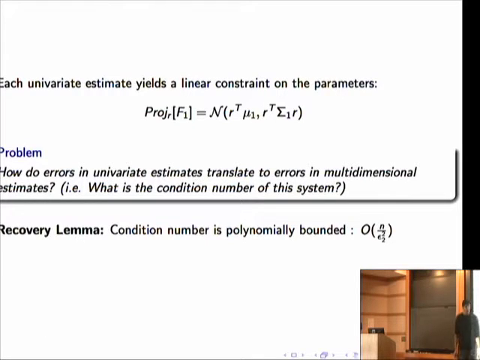It's at most, say, n over epsilon2 squared. Because if we want to learn in the univariate learning algorithm to some error epsilon1, then what's our error going to be in high dimensions? It'll be epsilon1 times this condition number. So if we choose epsilon1 small enough, now much smaller than epsilon2, but still polynomially bounded, then we actually can learn estimates in high dimensions, which are accurate to within some additive epsilon.